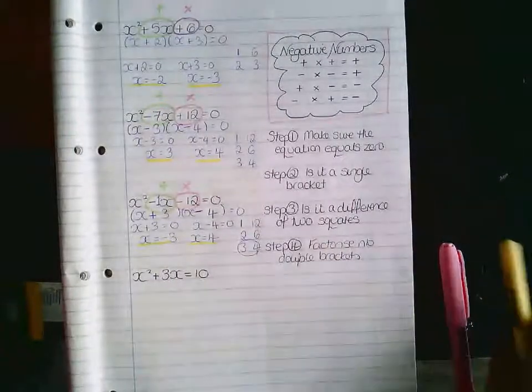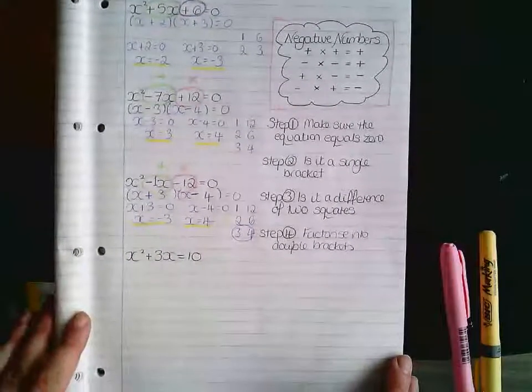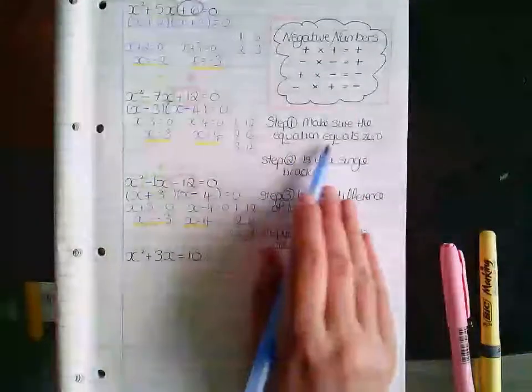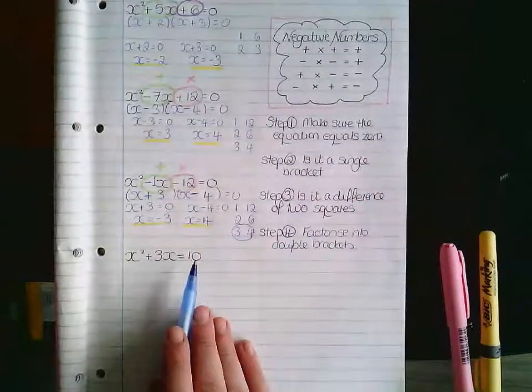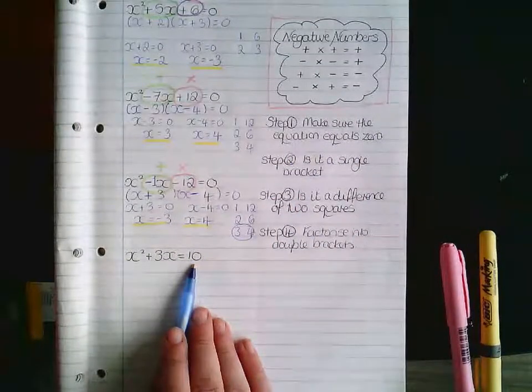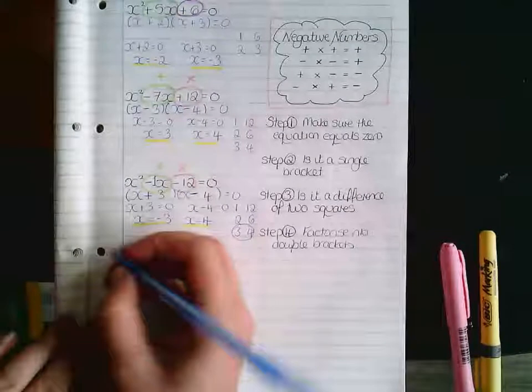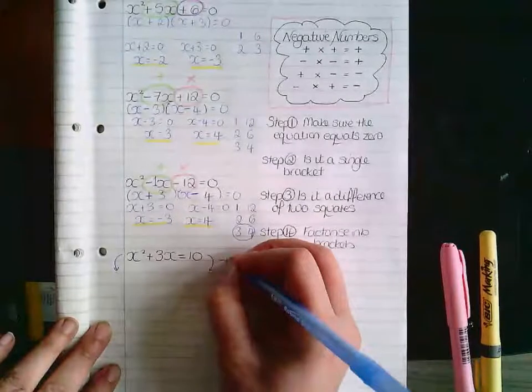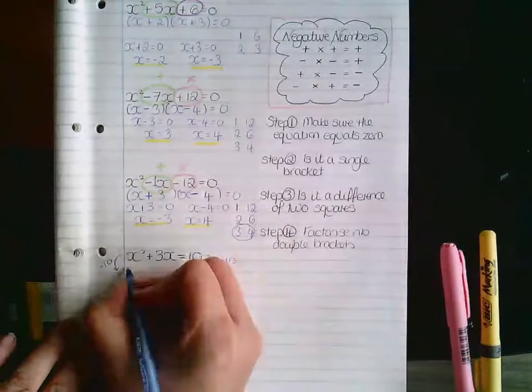Okay, last one. Now, a lot of people fall into the trap on this one. There are steps here. Step 1, make sure your equation equals 0. Does this currently equal 0? No, it does not. So the first thing I'm going to do is get it equal to 0 by taking 10 off both sides.